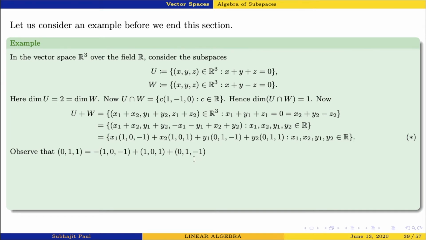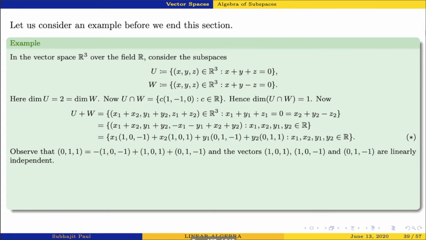So see, minus 1 plus 1 is 0 in the first coordinate. Minus 0 plus 0 plus 1 makes it 1 in the second. And lastly, plus 1, plus 1, minus 1 is 1, so 1 here. So this fourth vector is a linear combination of the first three vectors.